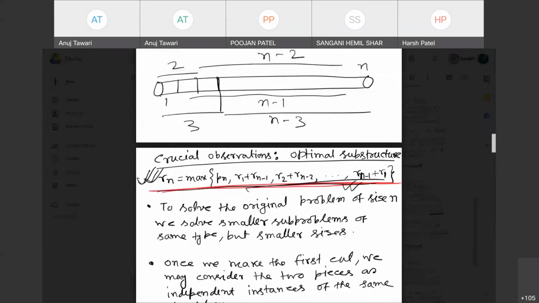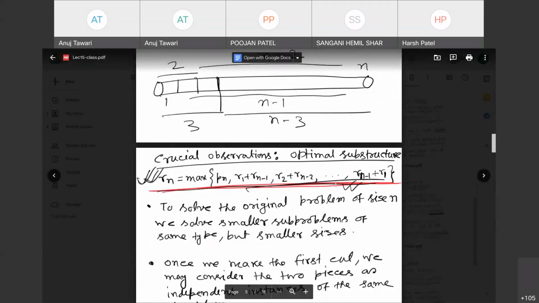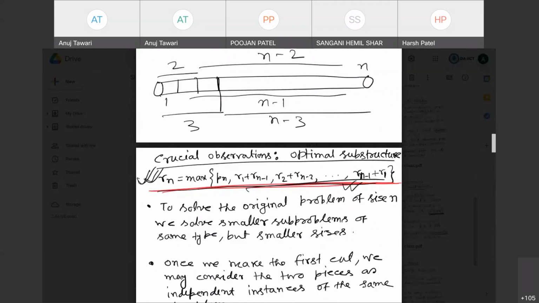So first let's look at this particular thing. What's the running time of this algorithm?